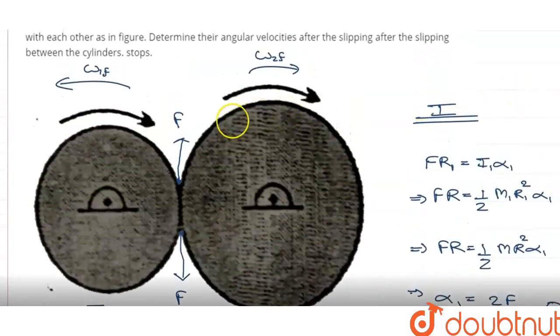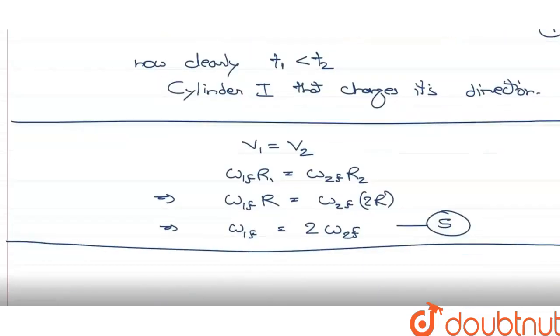Now let's analyze the motion of cylinder 1 after it had achieved zero angular velocity, which means after it had changed its direction. After it had changed its direction, the final angular velocity is omega 1f minus 0, because the moment it was 0 was the moment it was changing its direction, is equal to the angular acceleration alpha 1 times, let's say, a time t in which it achieves its final angular velocity.